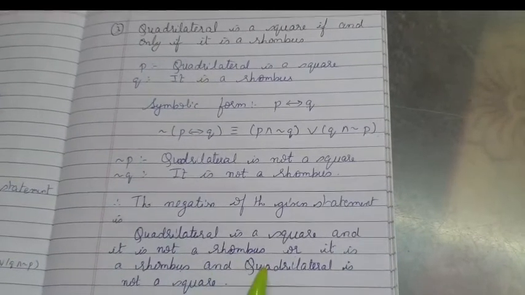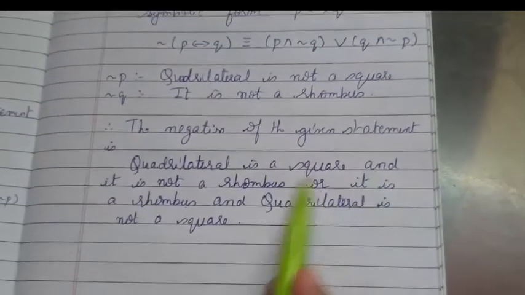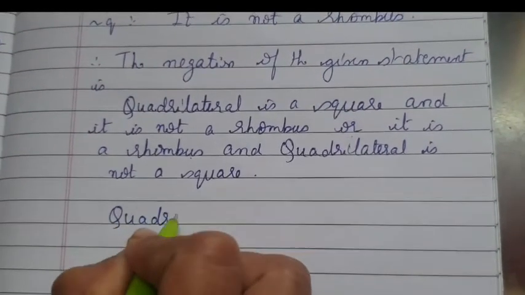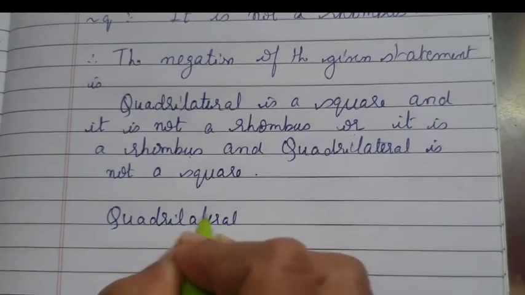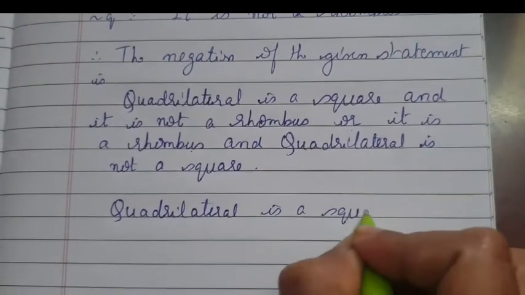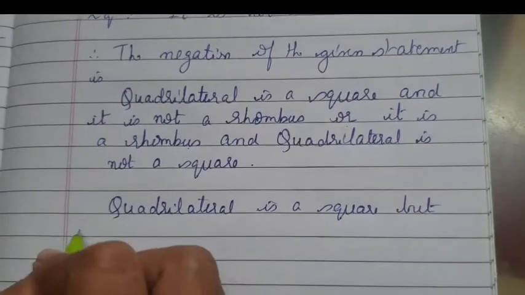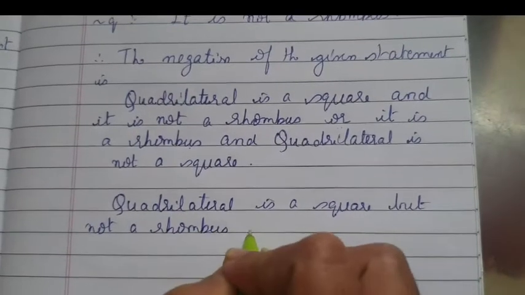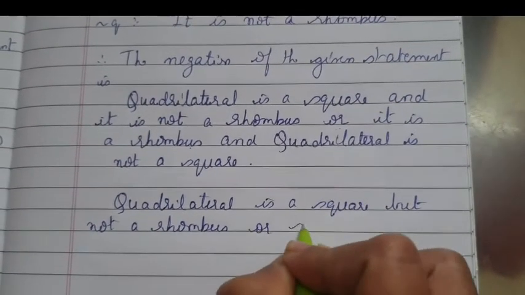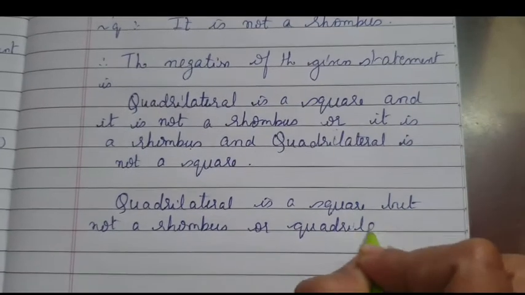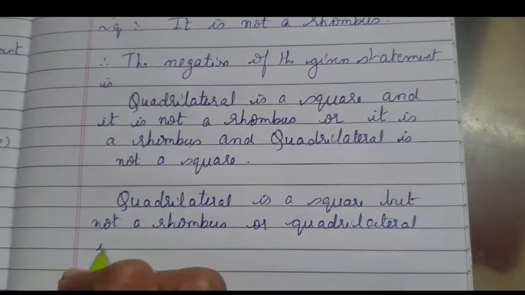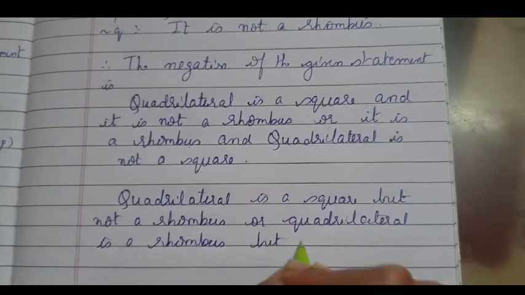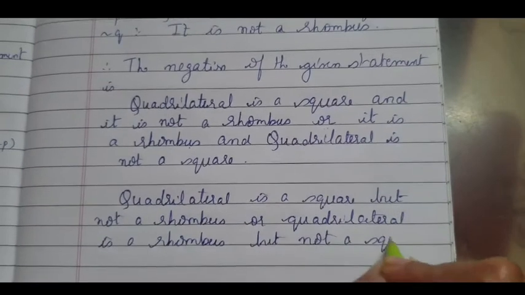We will frame this sentence correctly. I will replace and by but. So I will write this statement as: Quadrilateral is a square but not a rhombus, or quadrilateral is a rhombus but not a square.